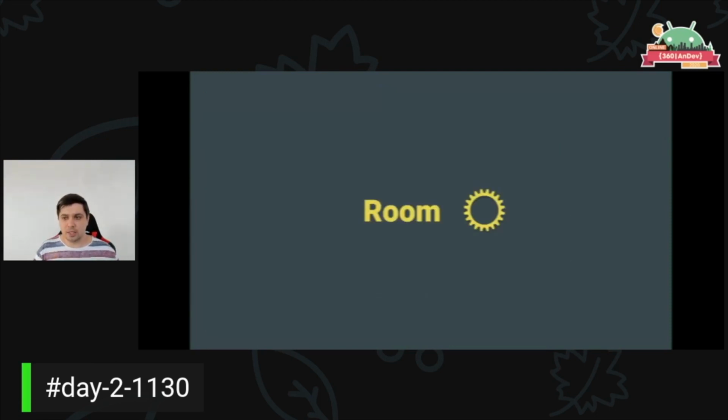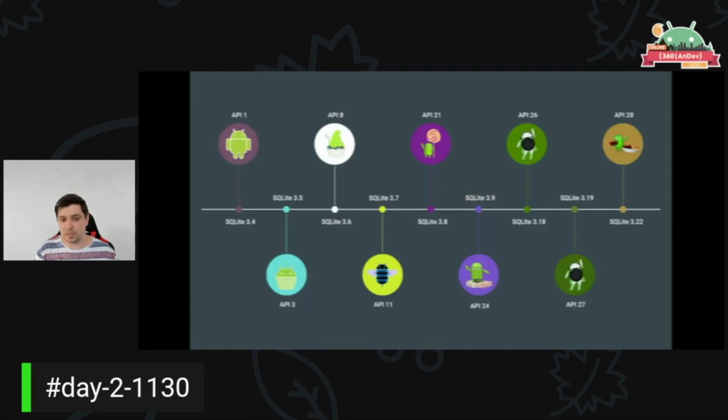So the last part of this talk and the last architecture component is Room. And it's very important to understand that Room is not a specific database. Room is a wrapper over SQLite. And SQLite is installed on every device. So let's take a look at the way it's installed on every device, and maybe we have specific versions of SQLite on different devices.